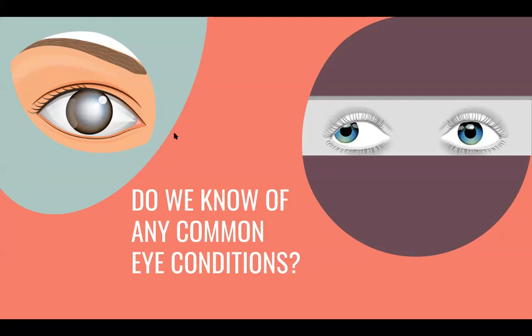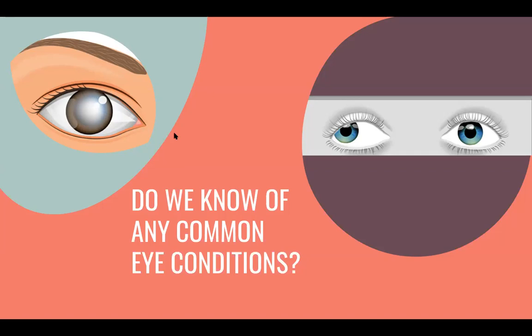Some of those have to do with the eyes, but there's a difference between eye conditions and eye diseases. Conditions doesn't mean you're sick, but disease on the other hand means that there's something, I guess it's hard to differentiate.